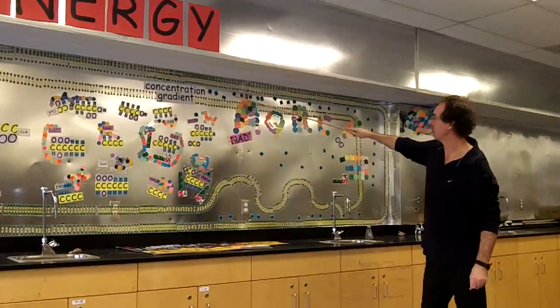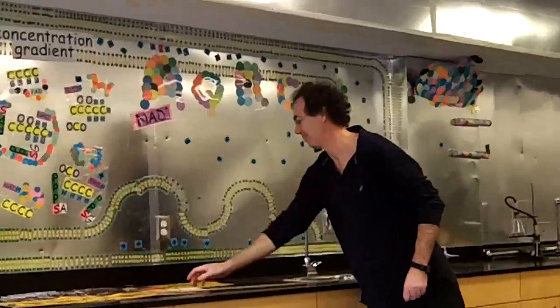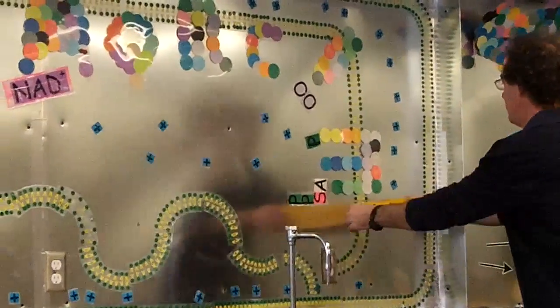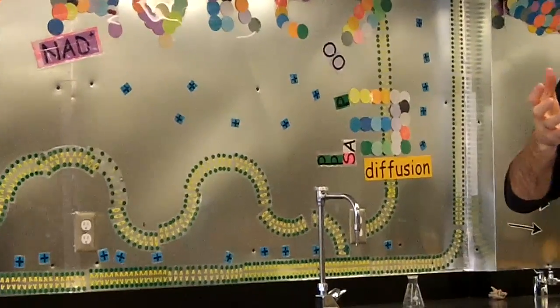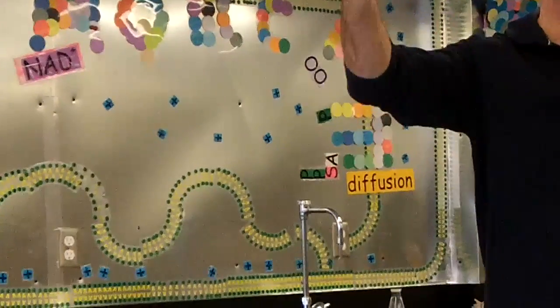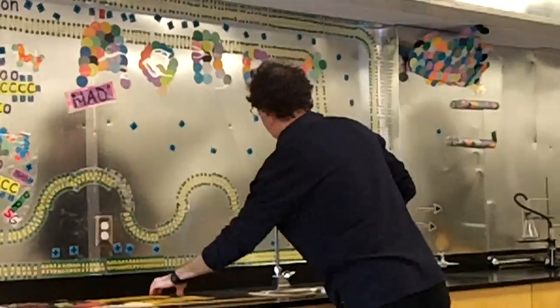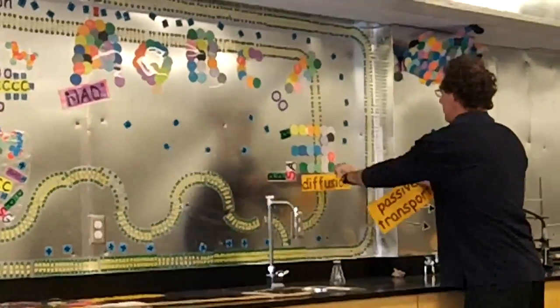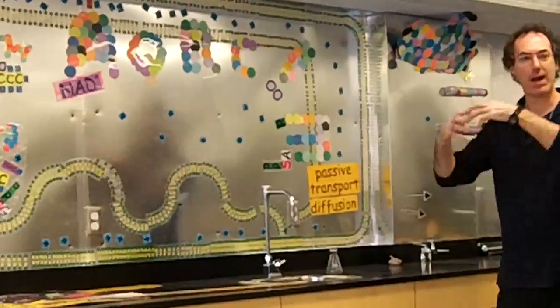When molecules flow from high to low, as we're going to see in a few minutes, that's diffusion. Diffusion is classified as what kind of transport? Passive. Passive, right? Can you tell me why diffusion is classified as passive transport?